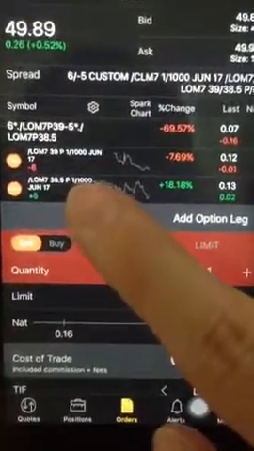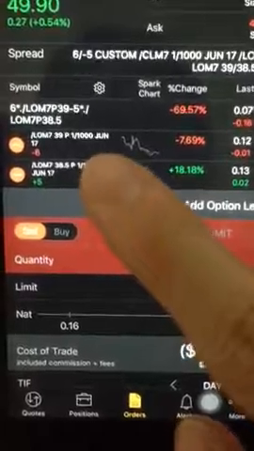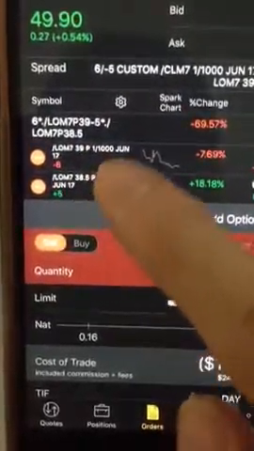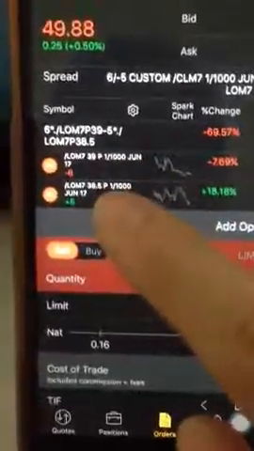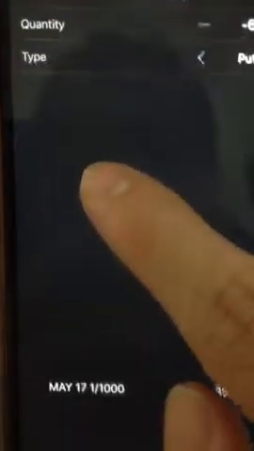Okay, because initially you have 6 lots of 39 puts, and we have to make the lot numbers tally in order to ease the closing process.